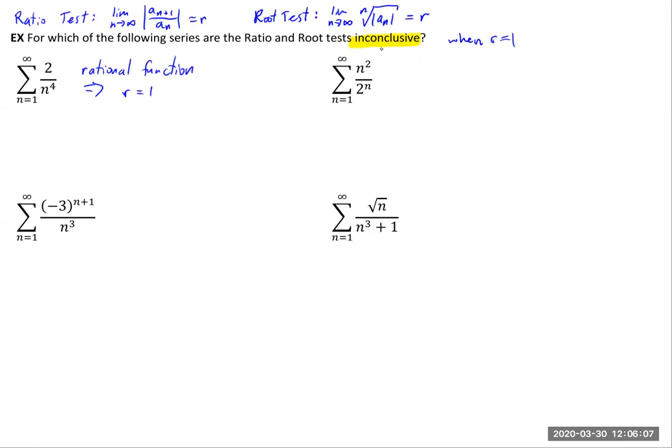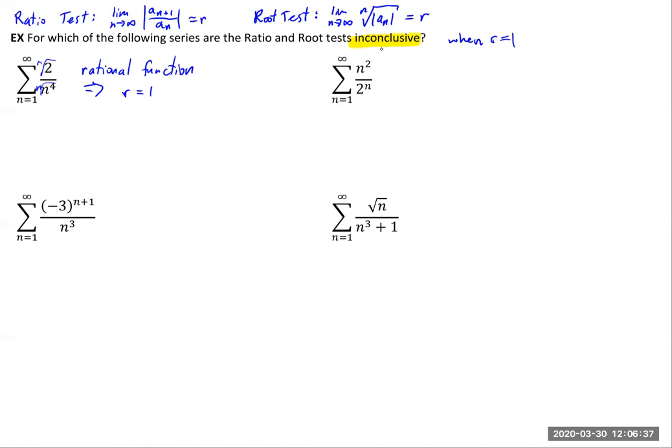Actually, it turns out that the root test will also do the same thing, because for the root test, you'd be imagining the nth root. And these are both facts that we just reviewed in previous examples. The nth root of 2 is going to go to 1. The nth root of n to the 4th is going to go to 1 as well. We actually did the nth root of n cubed earlier, but it makes no difference.